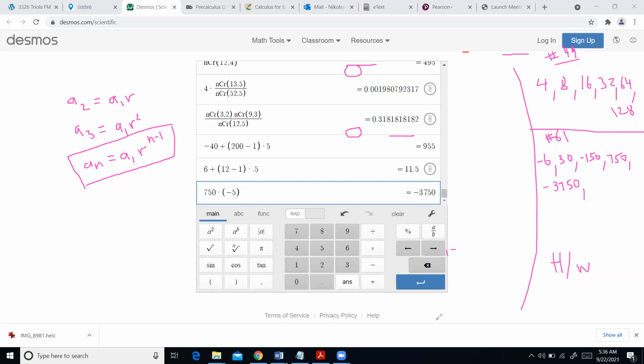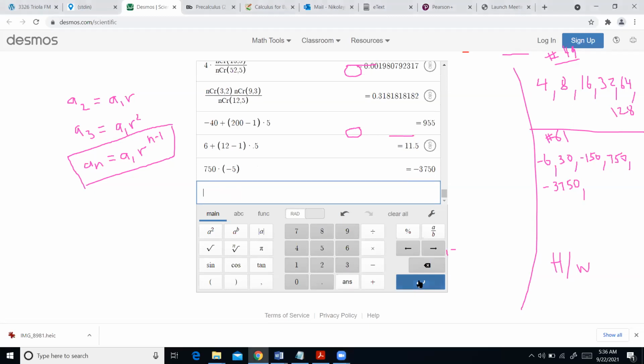So I already have 5 of these guys. I need one more. So let me multiply that -3750 by -5, right? And then we'll be done. It's going to be positive 18,750. Do you see that number?